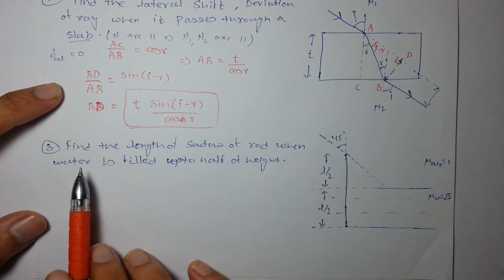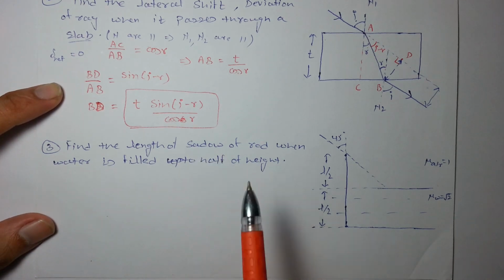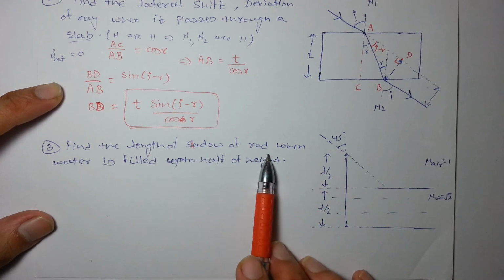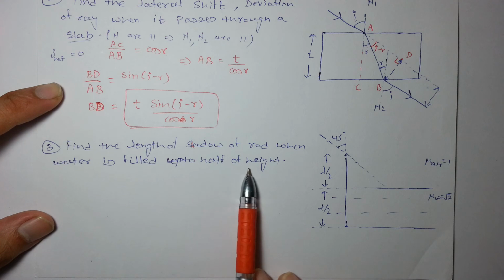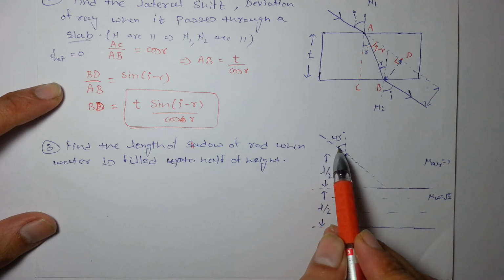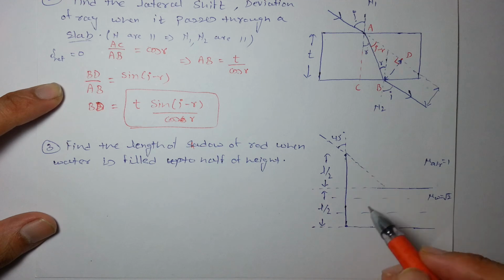In the last example, we have to find the length of the shadow. The spelling is not correct. The length of the shadow of the rod when water is filled up to half of the height. The rays are falling at an angle 45, and this is the rod.